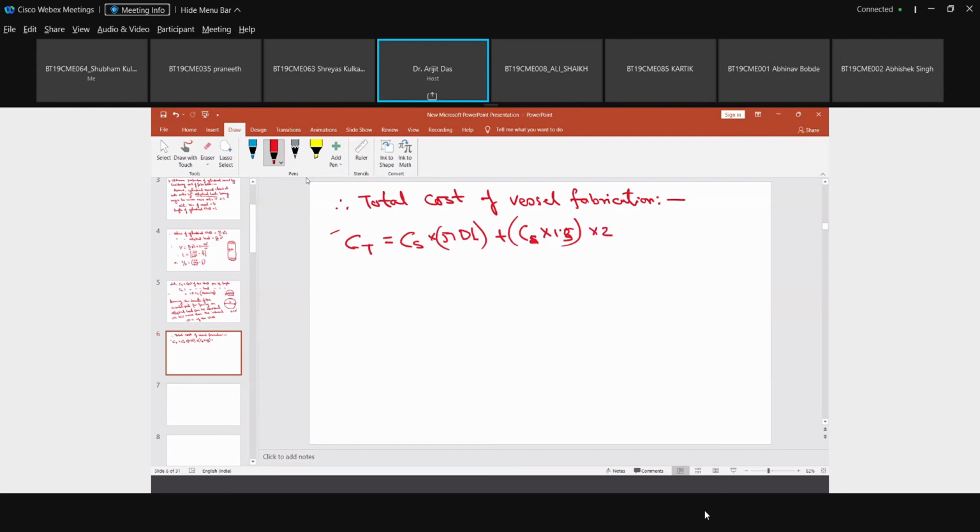Two heads are there, and the flat plate area is nothing but 1.22 into d square. So is it correct or wrong? You tell me.